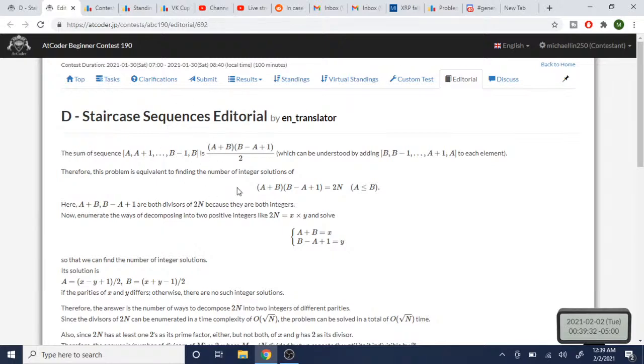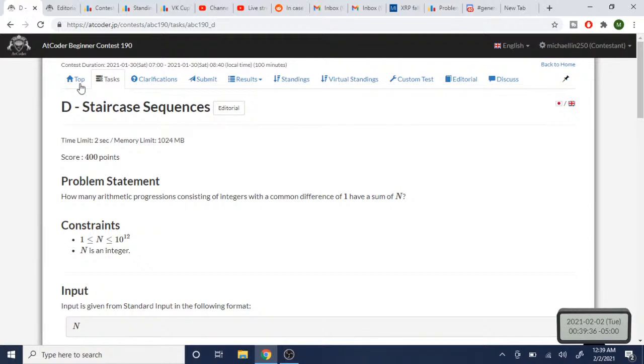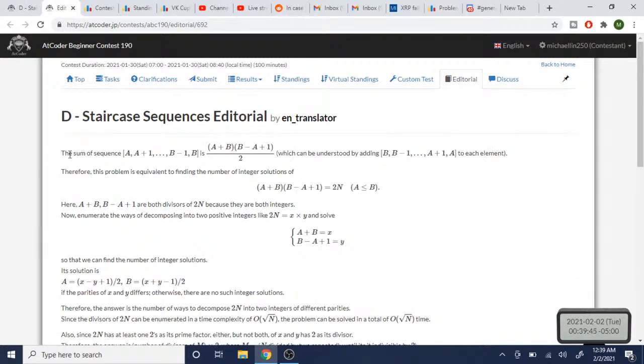Yeah, let's go to the editorial. The problem is how many arithmetic progressions of integers with a common difference of 1 have a sum of n. I actually don't understand why this is the case. If you sum from a to b, it's (a plus b) times (b minus a plus 1) over 2. I don't know why this is the case.